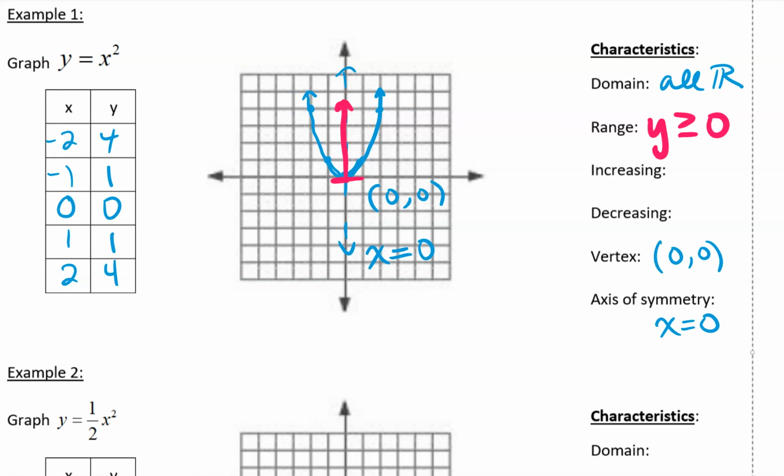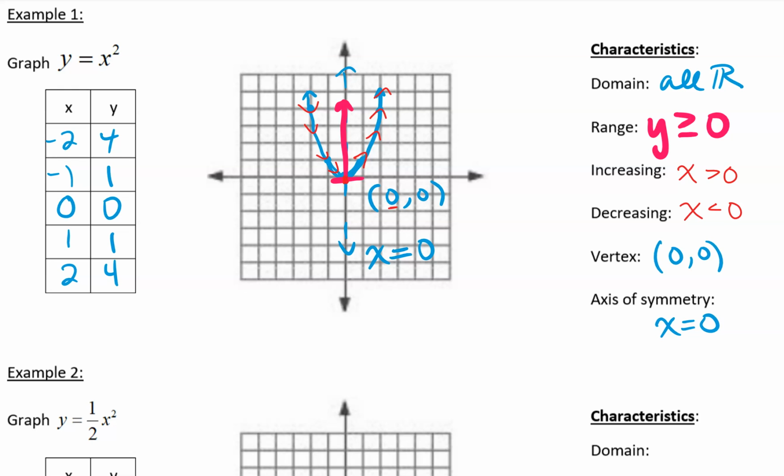Then we want to look at the increasing and decreasing. So remember, increasing and decreasing, we said we read the graph from left to right. So if we start on the left, this graph starts out decreasing, and it decreases all the way down to the vertex. And the vertex, x has a value of 0, so it's decreasing where x is less than 0, and then it's increasing for everything to the right of 0, so it's increasing where x is greater than 0.